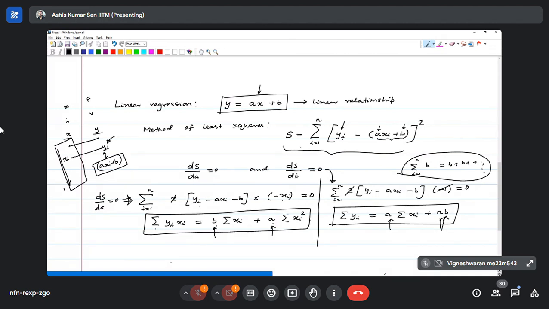So if you solve for a and b, I'm not going to follow the steps, but if you solve, you are going to find a and b as follows.